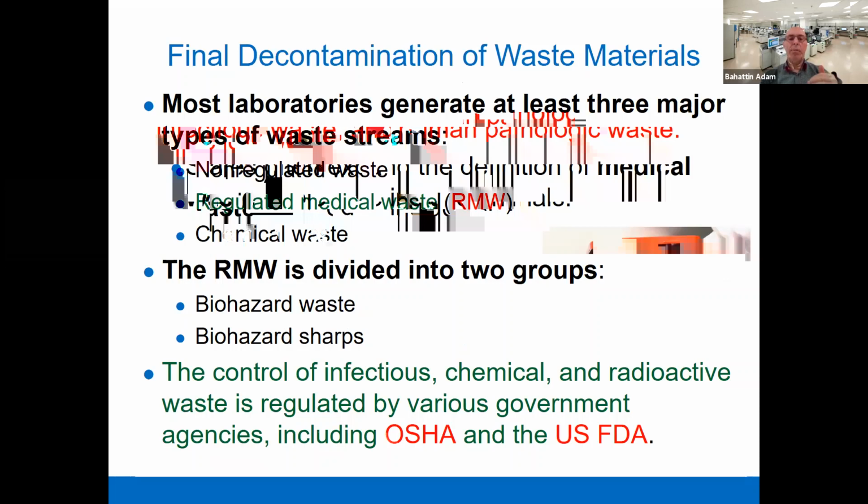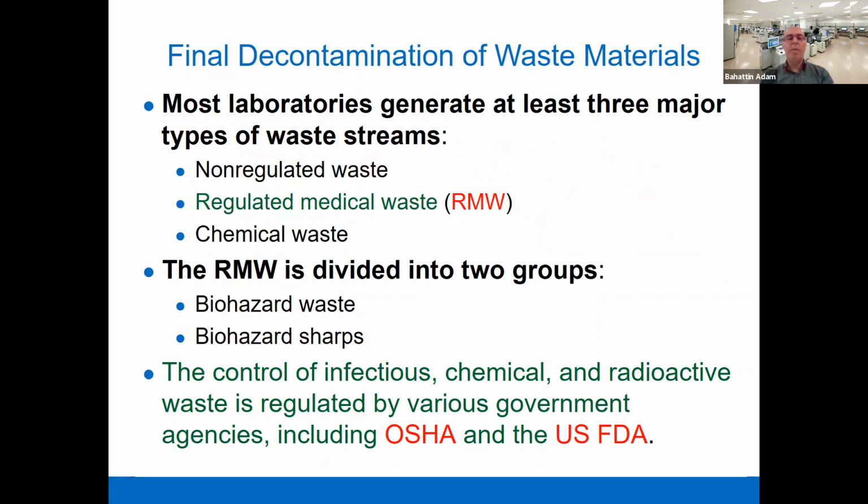These are biohazard waste and biohazard sharps that we are using in daily practice. The control of infectious, chemical and radioactive waste is regulated by various government agencies, including OSHA and FDA.